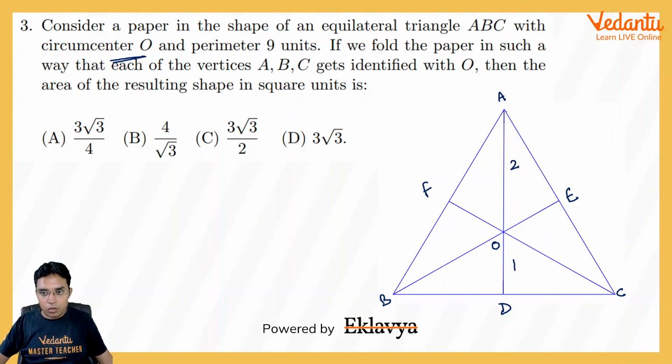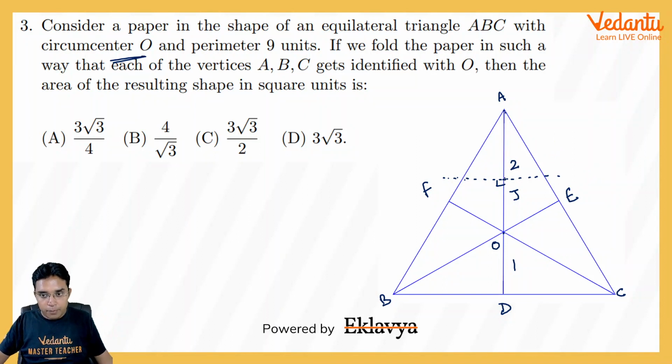Now if I want to fold the paper such that this A comes at O, then definitely my folding should be about the midpoint of AO. Let me call this point J. And also this folding should be about the line that is perpendicular to AO. So this dotted line is actually the perpendicular bisector of AO.